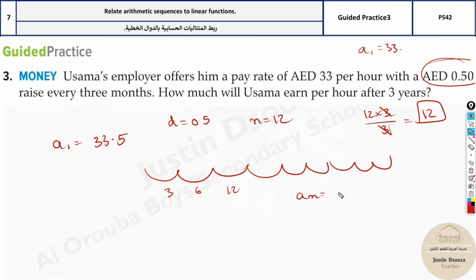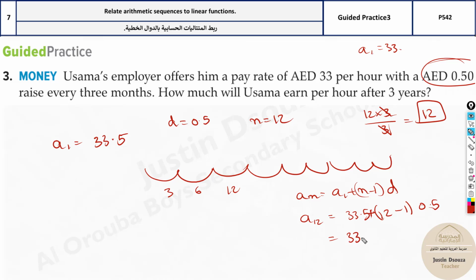So an is equal to a1 plus n minus 1 times d, right? Now substitute a12. That means after 3 years, it will be 33.5 plus, n is again 12 over here. Minus 1 times d, which is over here 0.5. Please memorize the formula properly.